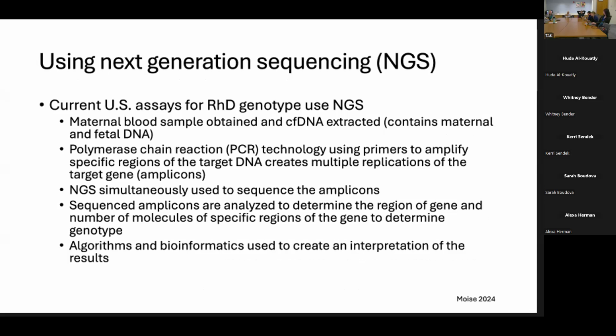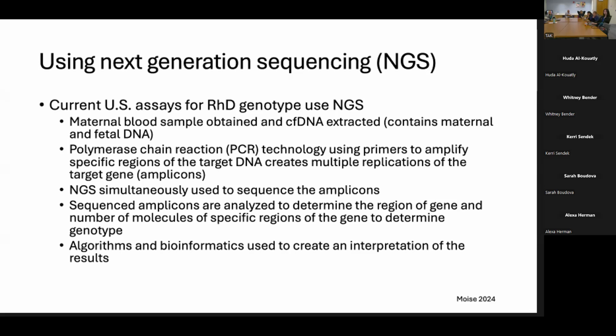So before we jump into two companies that have come up with new ways of assaying RhD genotype, I want to just briefly discuss next generation sequencing. The current assays that we're going to talk about for RhD genotype use next generation sequencing. So what is this? Essentially, the maternal blood sample is obtained and cell-free DNA is extracted. This is both maternal and fetal DNA, right?